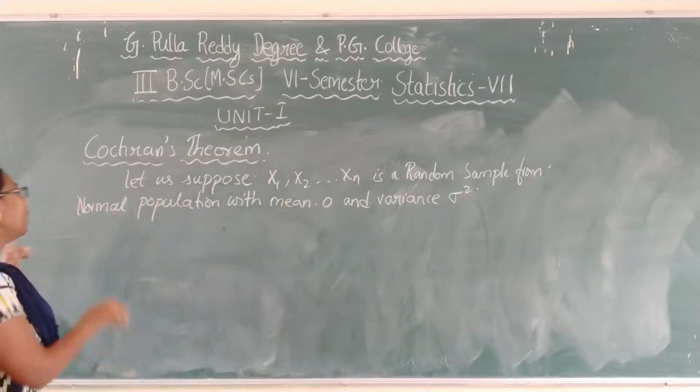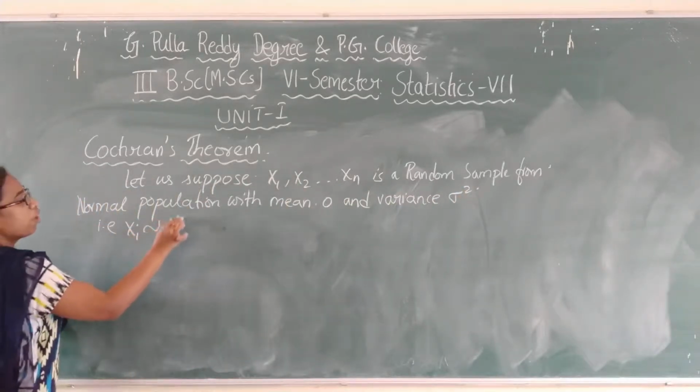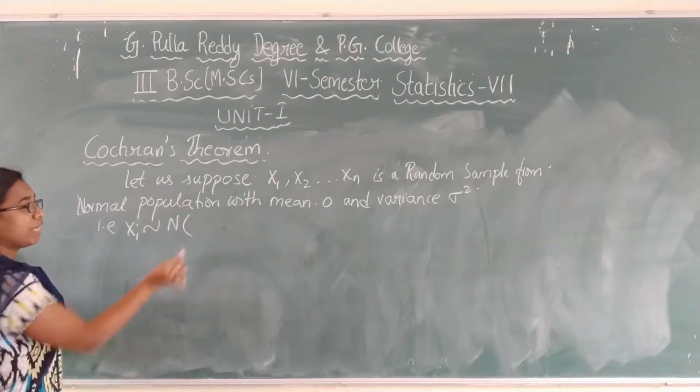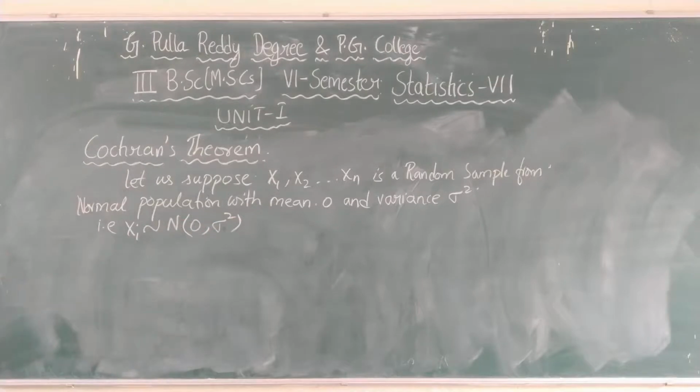So how will we write the notation? That is xi follows normal with mean 0, variance sigma square. So we are considering the random sample in such a way that its mean equals 0 and its variance equals sigma square.